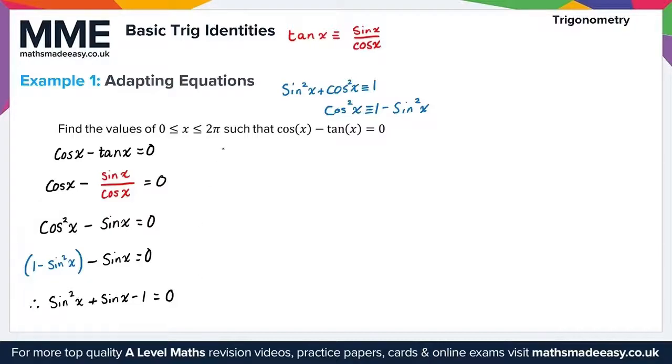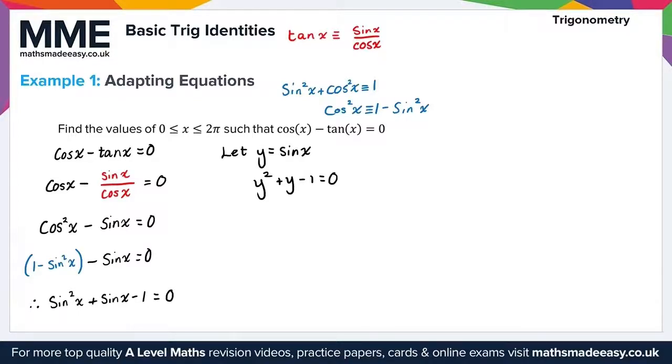If we let y equal sin x, then this quadratic could be written as y squared plus y minus 1 equals 0. Now we can check to see if this quadratic factorizes.